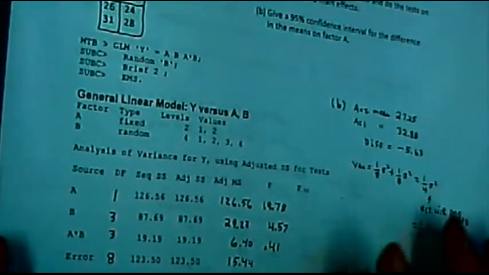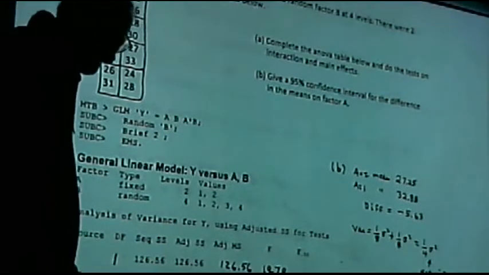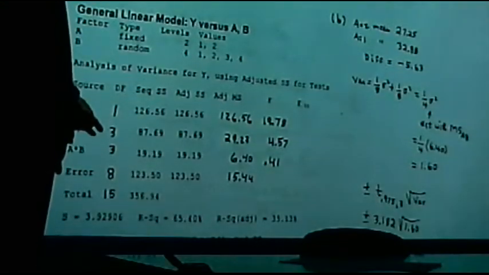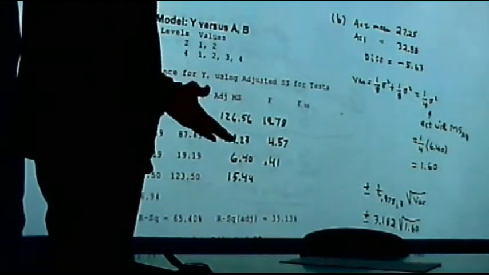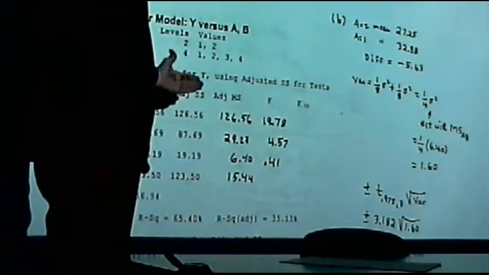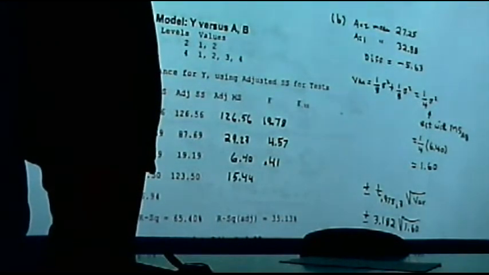So this is the same kind of thing that came up in the first problem. We have degrees of freedom to fill out, and that's pretty straightforward. We divide the degrees of freedom into the sums of squares. There's no issue here about sequential versus adjusted because they're the same in both cases.